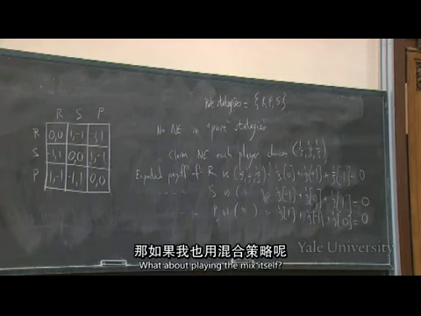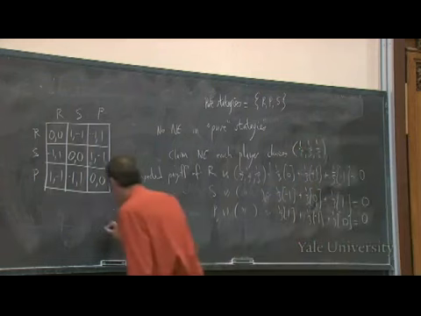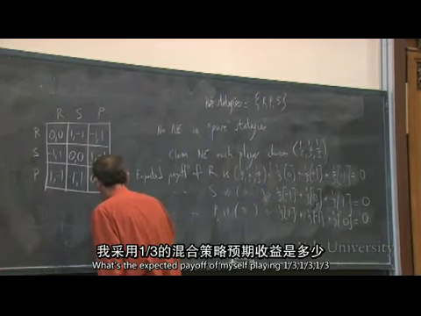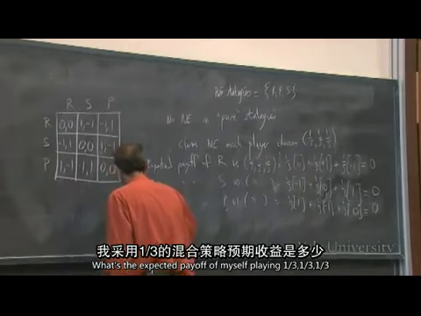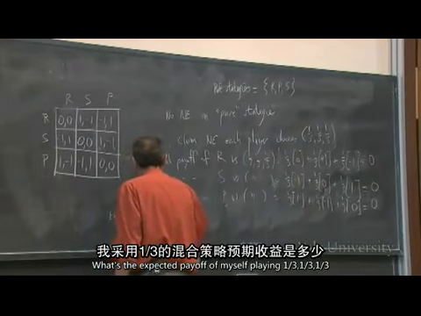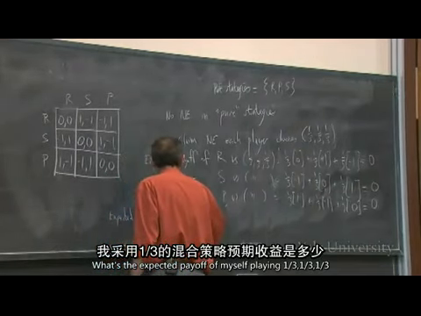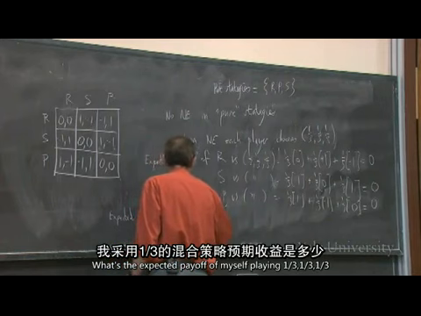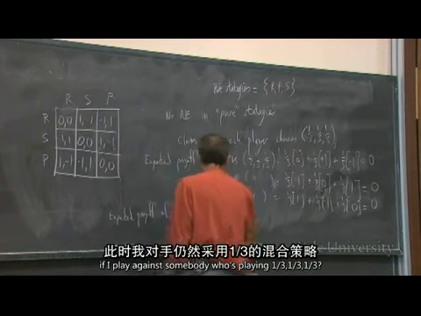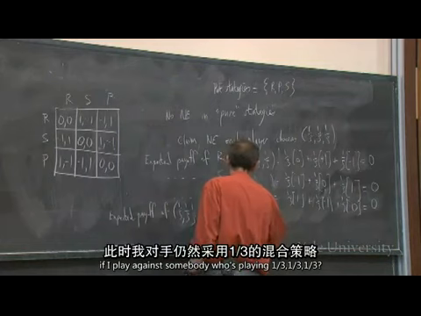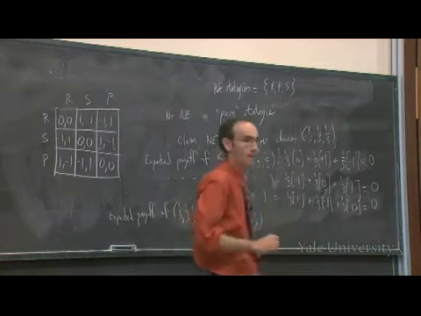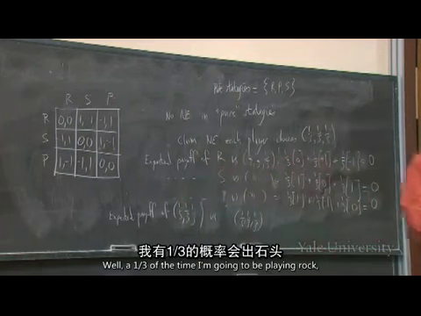All right? What about playing the mix itself? What's the expected payoff of myself playing a third, a third, a third, if I play against somebody who's playing a third, a third, a third? Well, a third of the time, I'm going to be playing rock.